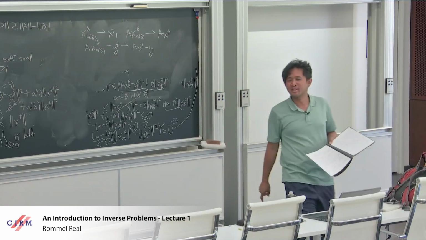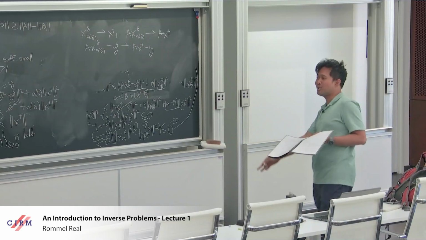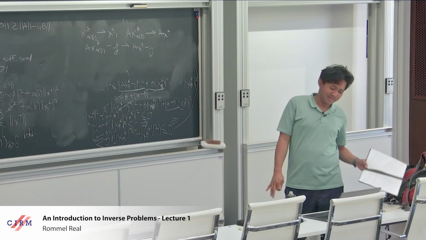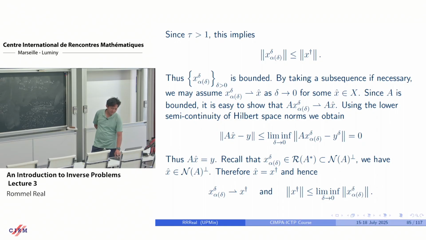Of course, y delta must approach y, because it approaches strongly, so it must approach in the weak sense. So by using the lower semi-continuity of norms, we have this result.